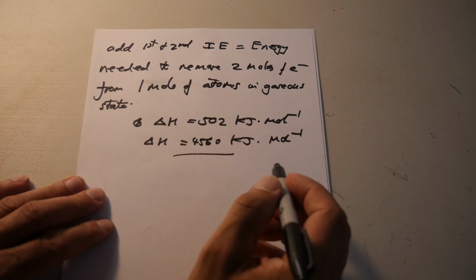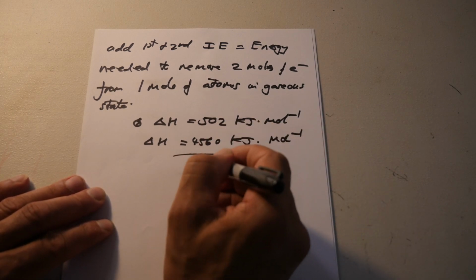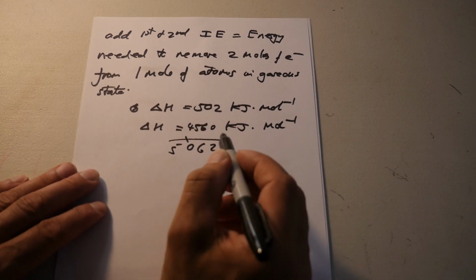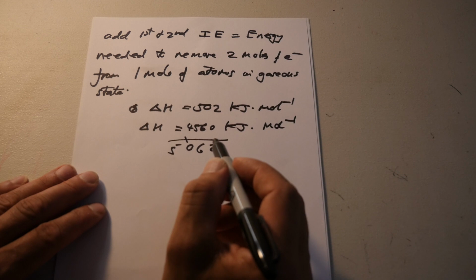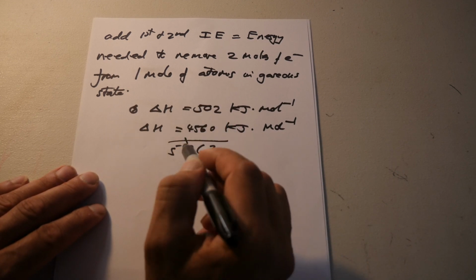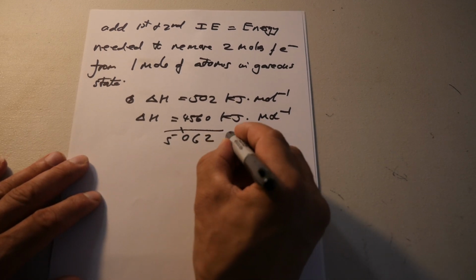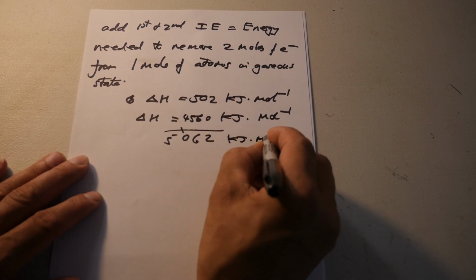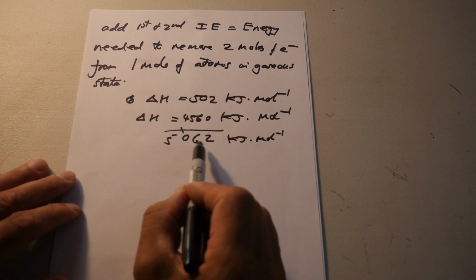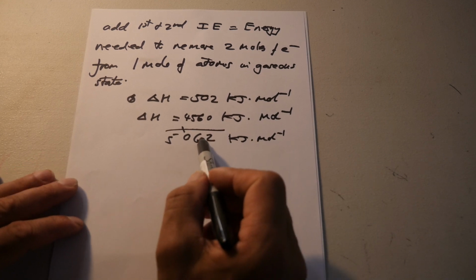Add those together and you get 5062. This is the amount of energy needed to remove 2 moles of electrons from 1 mole of atoms in the gaseous state.